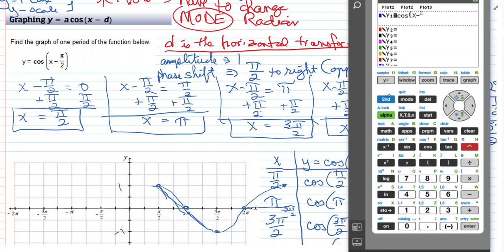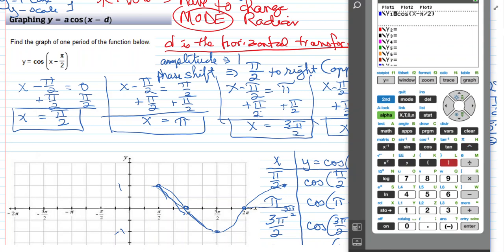Oh, sorry, let me clear that. Let me do it again. Cosine, I'm going to have x minus, oh, I hit alpha, didn't I? I want that one. That's what happened. I wondered what happened. Divided by 2.